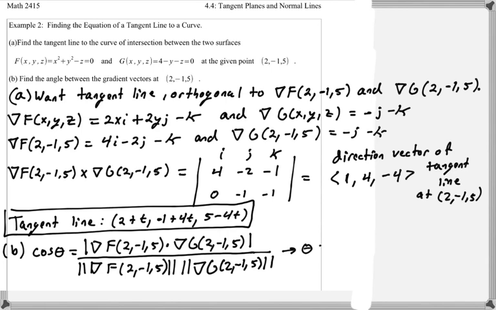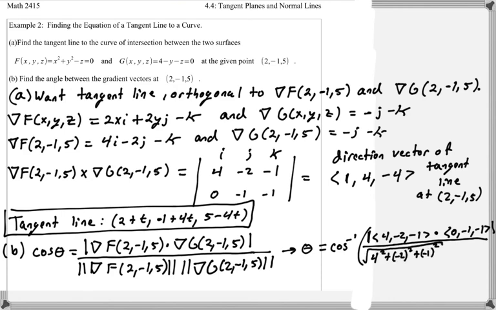So that's going to tell us that theta is equal to the cosine inverse, okay? And so we're going to dot product 4, -2, -1 with 0, -1, -1 in absolute value, and then divided by the magnitude. So 4 squared plus -2 squared plus -1 squared under the square root, that's the magnitude of the gradient of f at 2, -1, and 5.